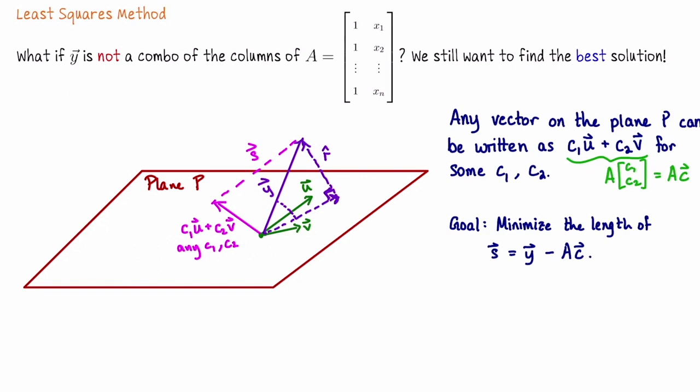We won't go through the proof of it, but you can probably believe it just because the r vector I've drawn is the altitude straight down from y to the plane. This length is minimized when the c vector is not a generic c, but the actual vector m of coordinates that we're looking for.